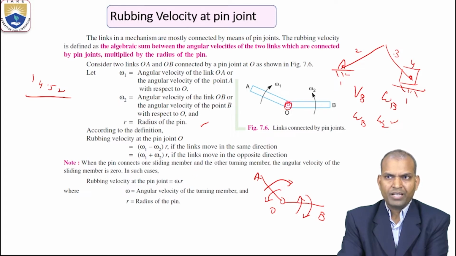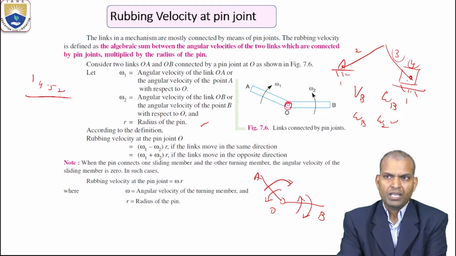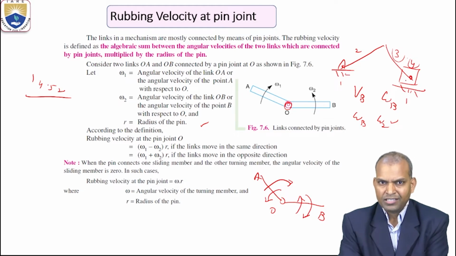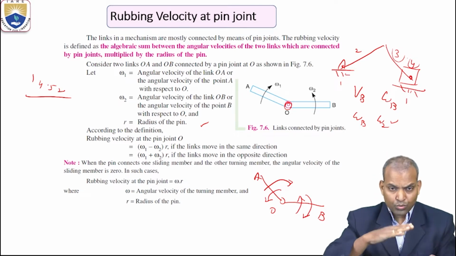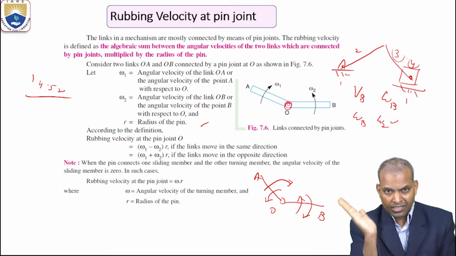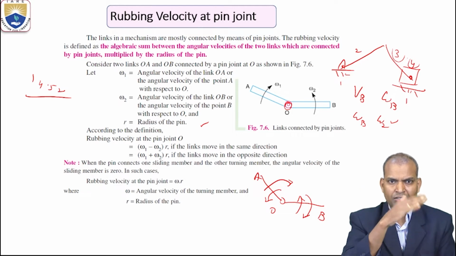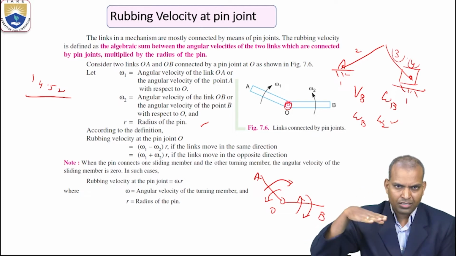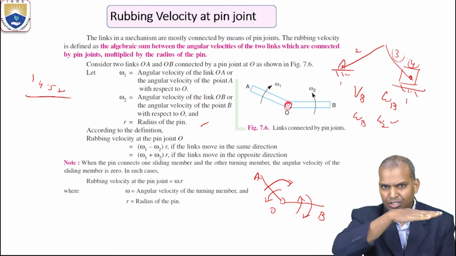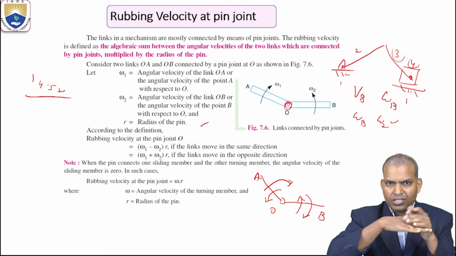So what is the rubbing velocity between links 3 and 4? The angular velocity of the slider is 0 because the slider is moving horizontally. It is not in rotary motion, it is not under rotation. It is under reciprocation.